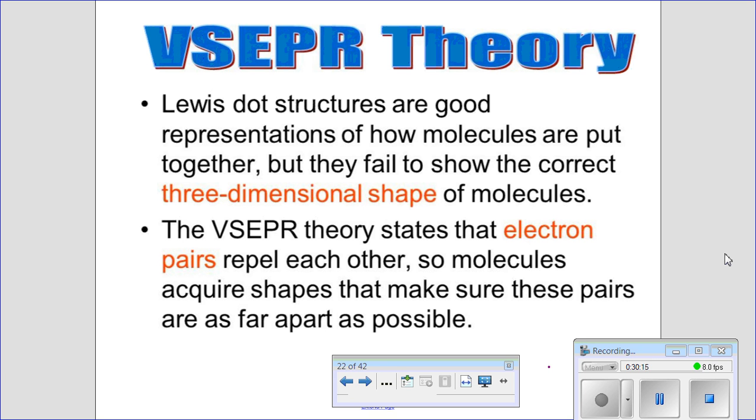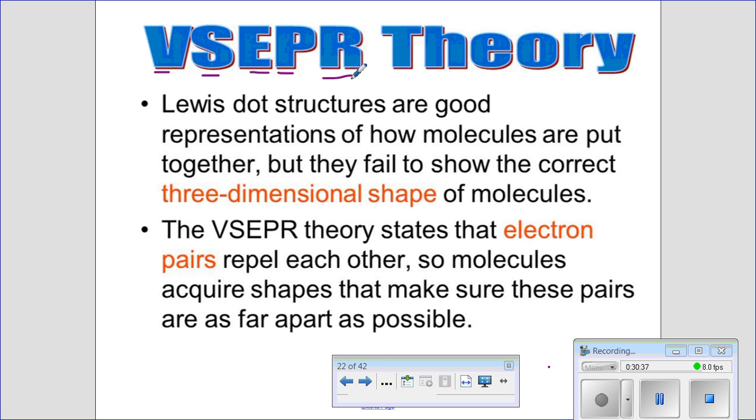So VSEPR theory, VSEPR stands for valence shell electron pair repulsion theory. So that means that valence electrons, both lone pairs and shared pairs, repel each other. They try to push away from each other as much as possible.